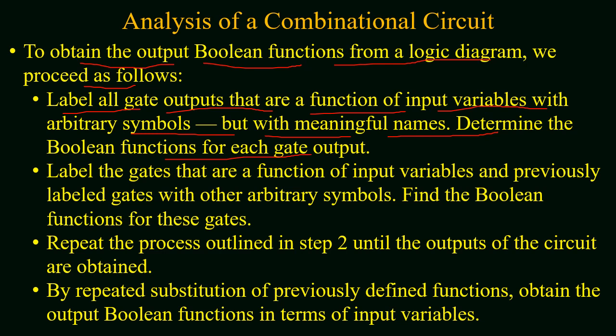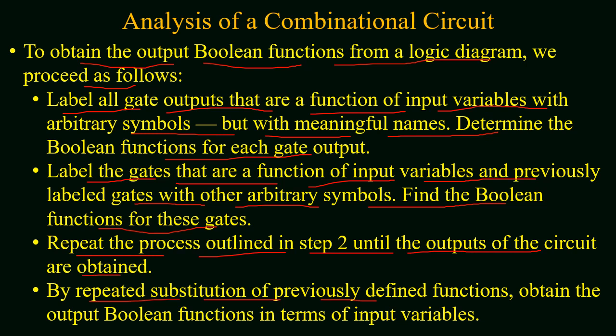Now if the given circuit has multiple levels, then you have to label the gates that are a function of input variables and previously labeled gates with arbitrary symbols, and then again find the Boolean function for these gates. Now repeat the process described in step 2 until the outputs of the circuit are obtained, and by repeated substitution of previously defined functions, you will obtain a function in terms of input variables only.